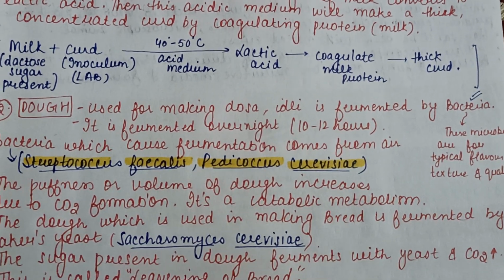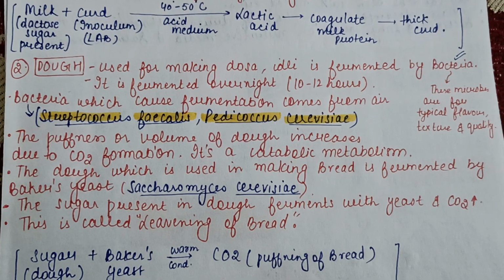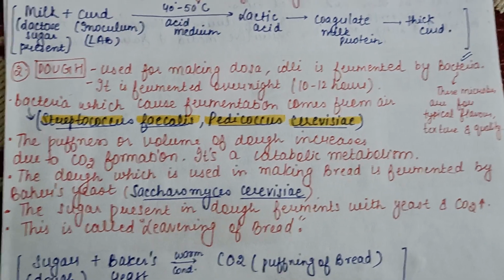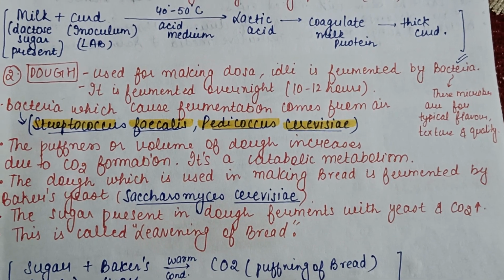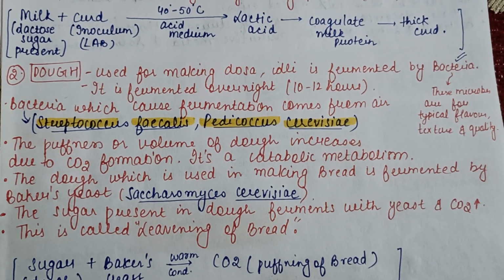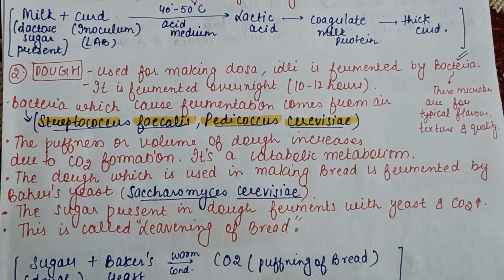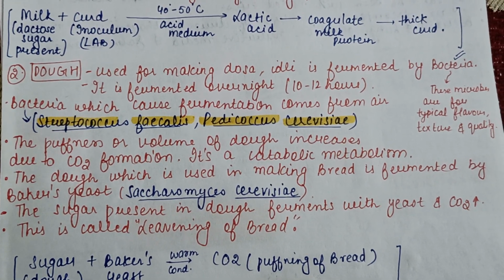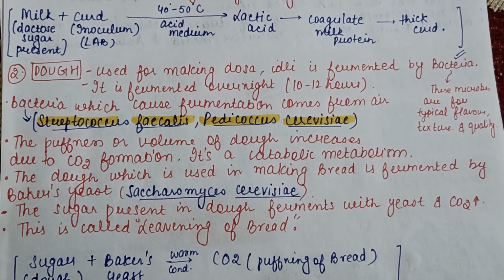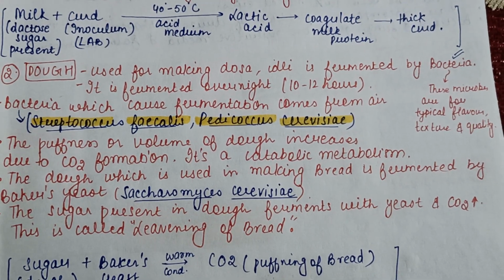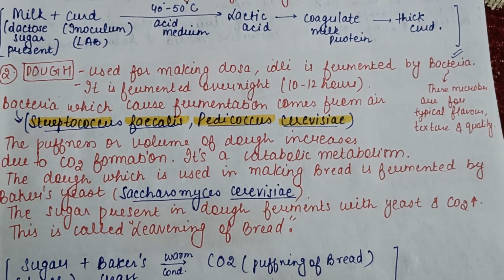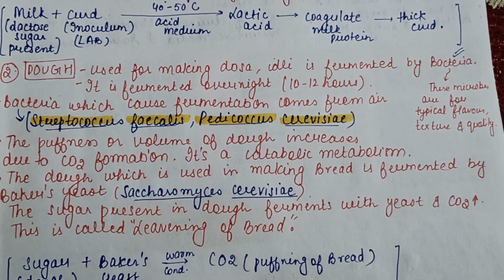Okay, now a really interesting topic of microbial home products is dough. Dough is used for making dosas and idlis. This is fermented by bacteria. These microbes are for typical flavor, texture and quality.